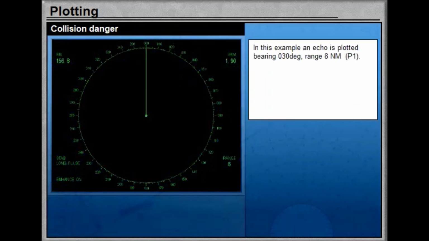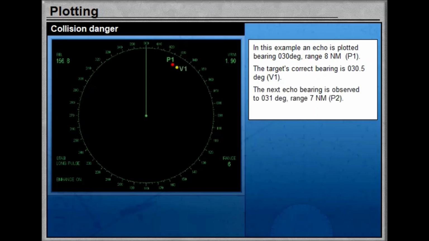In this example, an echo is plotted bearing 030 degrees, range 8 nautical miles, P1. The target's correct bearing is 030.5 degrees, V1. The next echo bearing is observed to be 031 degrees, range 7 nautical miles, P2.